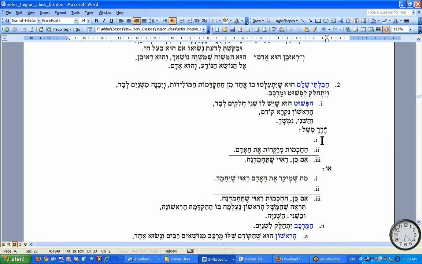Hachachmos miyakros et adam imkein re'ui shetichamdena. Wisdom increases the value of a person, and therefore it should be desirable. We're going to go through this in a second.